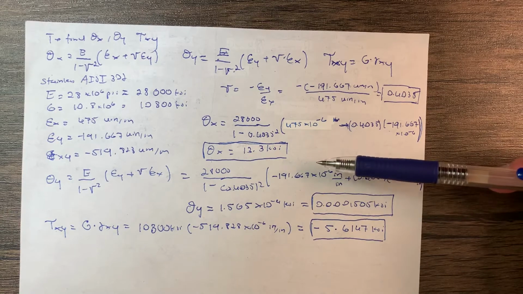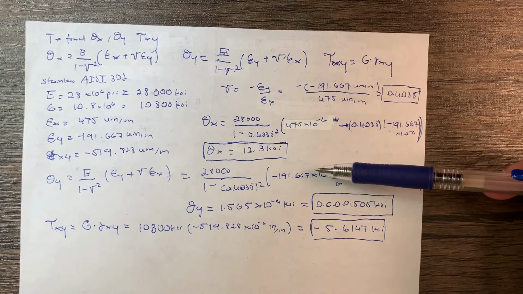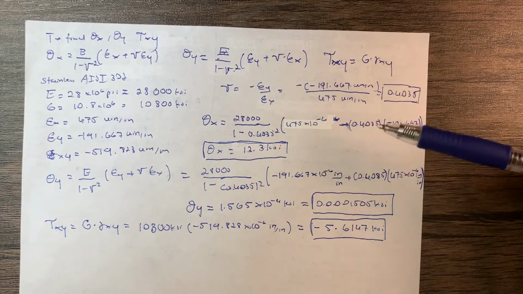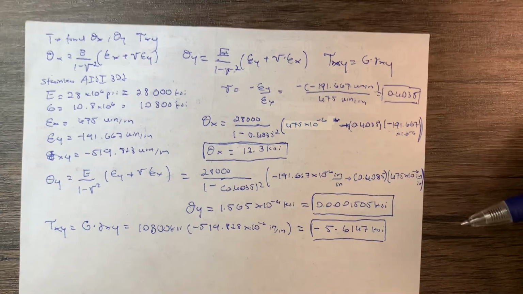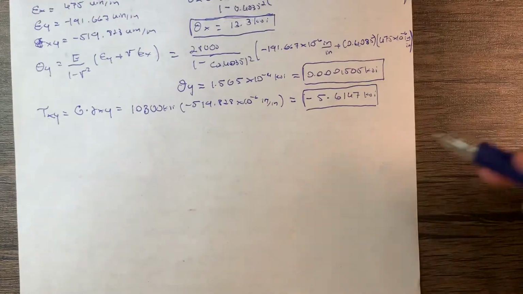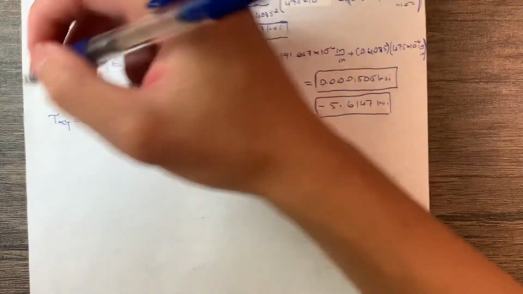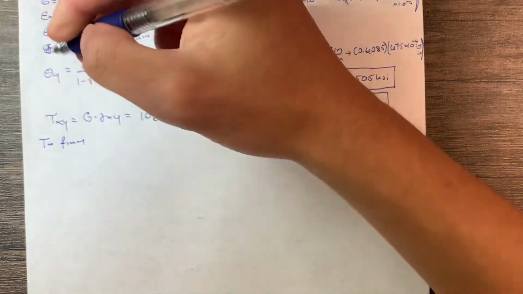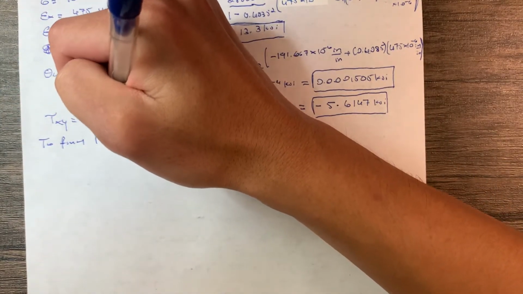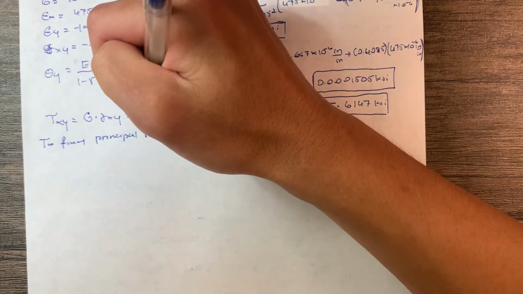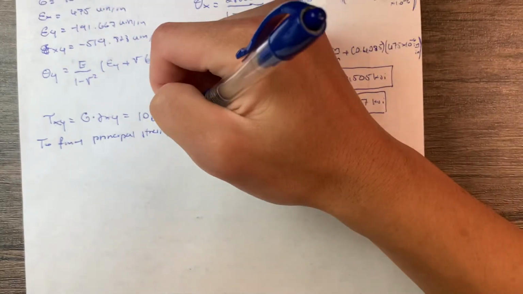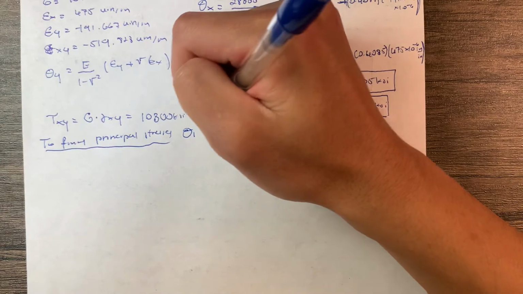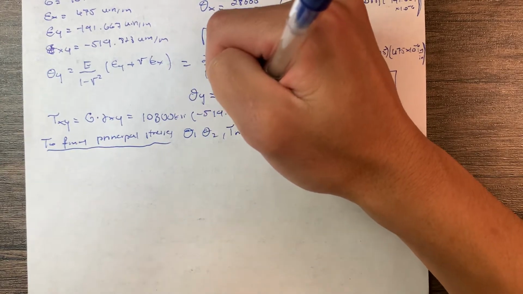According to our problem, we could do it another way by using an equation for stress transformation, but for our problem, we need to use Mohr's circle. So this is to find the principal stresses, basically just sigma 1, sigma 2, and tau max.